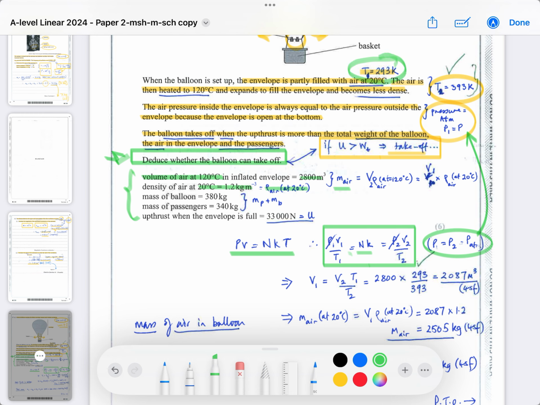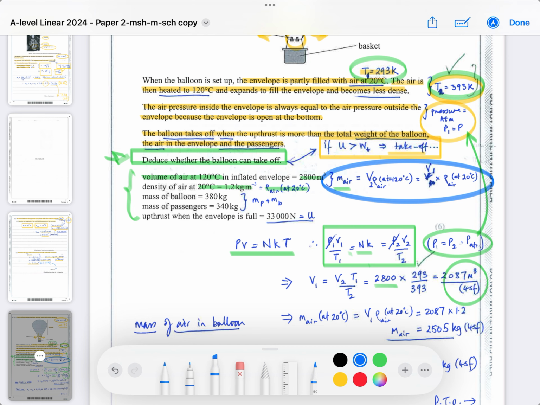There's temperature 1, there's temperature 2. So the only unknown is V1, so you put V2 in, 2,800, times the ratio of the temperatures, and you get the initial volume. Okay, so this bit here, which I was trying to explain to you, we don't need it until now.